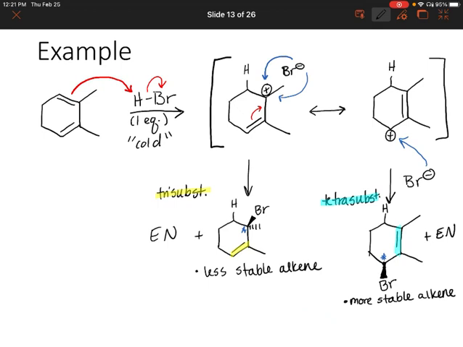Okay, so looking at these two products, which one would you expect to be the thermodynamic product, or the more stable product? The one on the right, the tetra-substituted double bond.